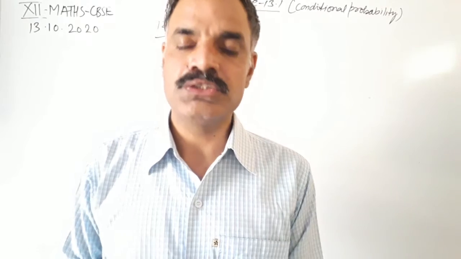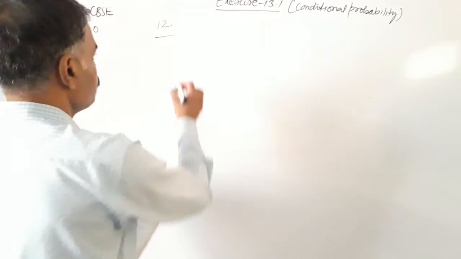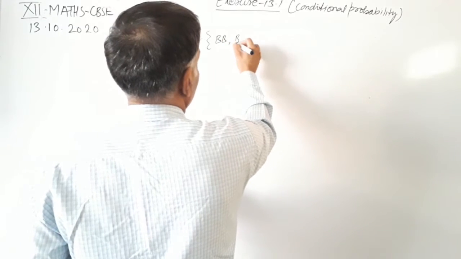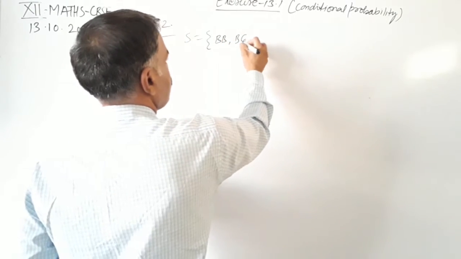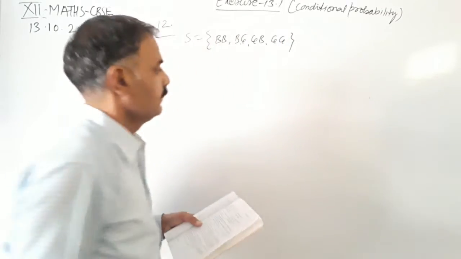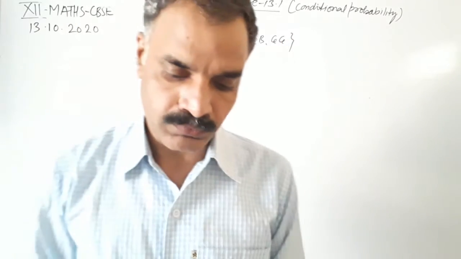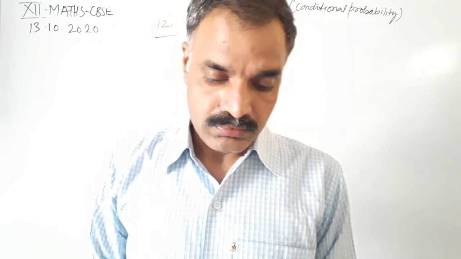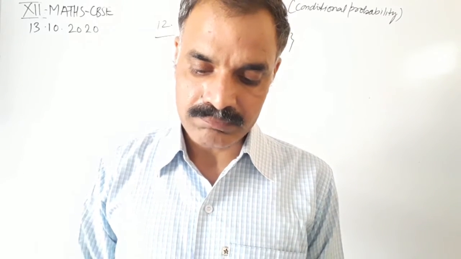If a family has two children, the sample points are boy boy, boy girl, girl boy and girl girl. Four sample points are there in the sample space. What is the conditional probability that both are girls?